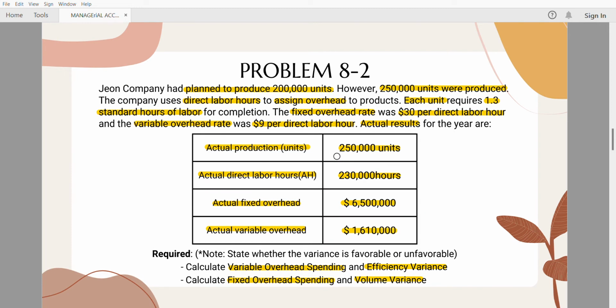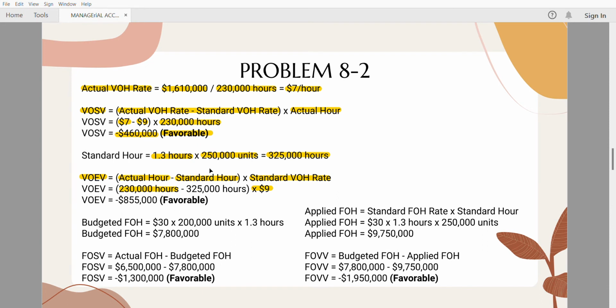You must be asking, why do we use the produced units and not the planned units? Because we are finding the standard hours, and that is budgeted. We have the actual one ready, but we want to know how much the budgeted rate would be if calculated with the actual amount.